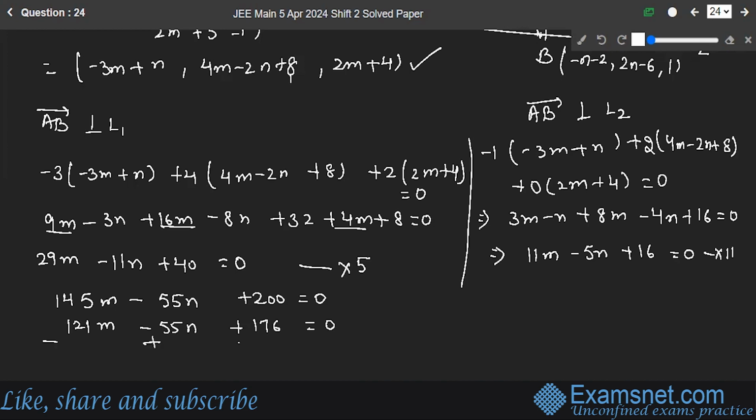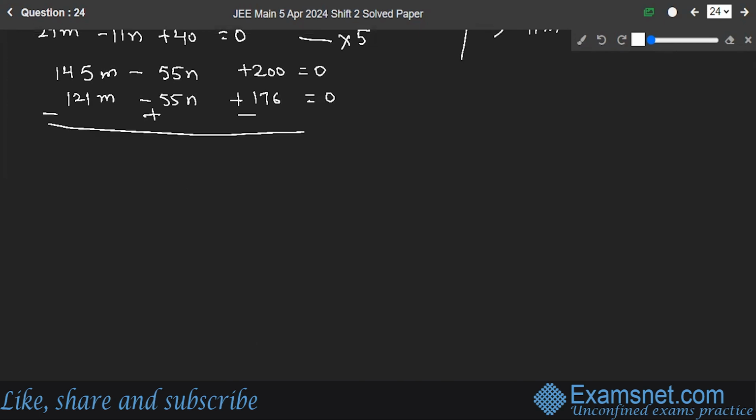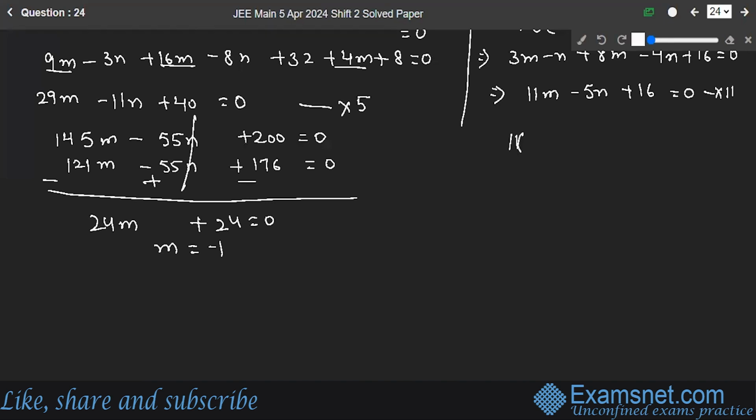Okay, subtracting, the N terms will cancel, and we get 24M plus 24 is equal to 0, which will give me M is equal to minus 1. So 11 into minus 1 minus 5N plus 16 is equal to 0, minus 11 plus 16 minus 5N is equal to 0. This gives me N is equal to 1. M is equal to minus 1, N is equal to 1.